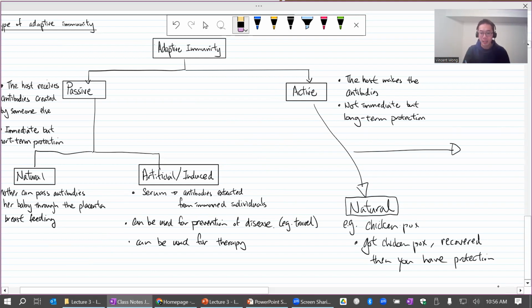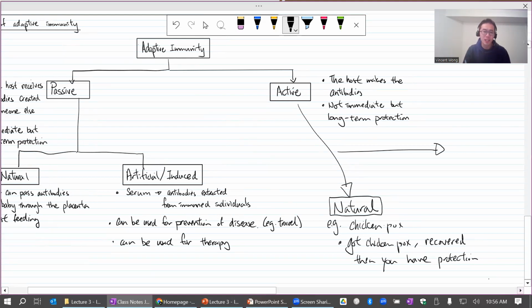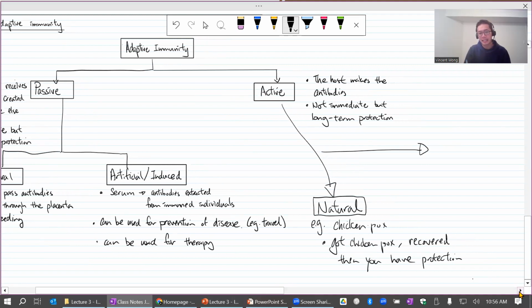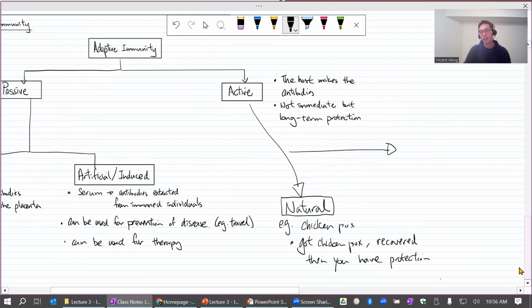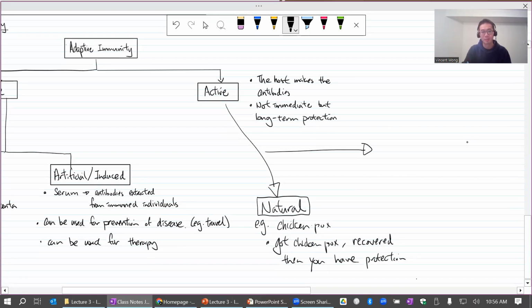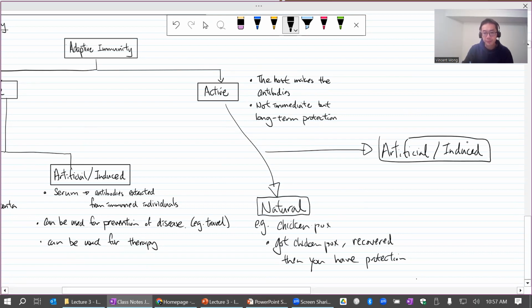But for chickenpox it's okay because it's not a deadly disease. But for something like COVID, definitely don't have a COVID party. That's not a smart thing to do. Anyway, so that's natural. And then we have the artificial or induced active.